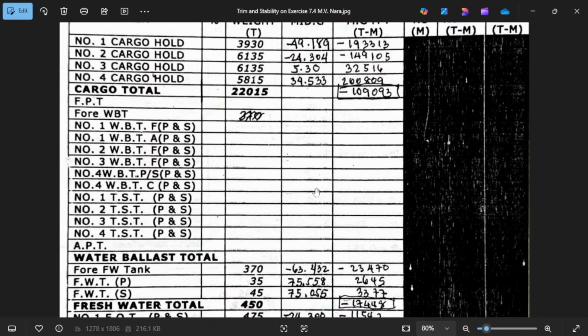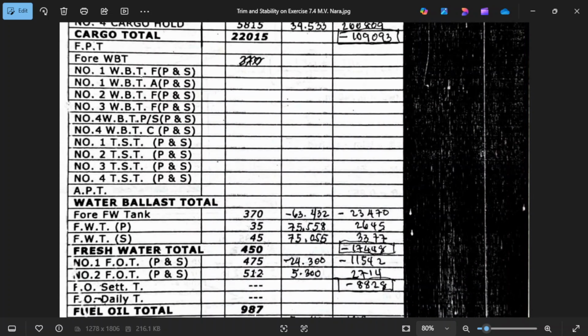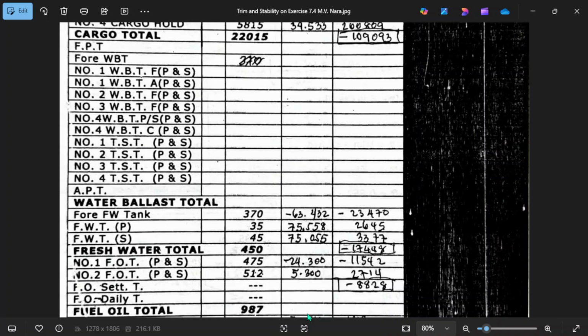Okay. Then next we go to the fuel oil. The fuel oil is 987, and the LCG moment is negative 8828.